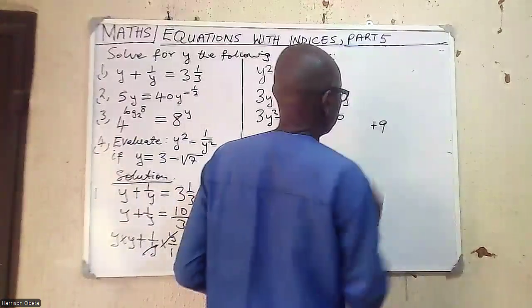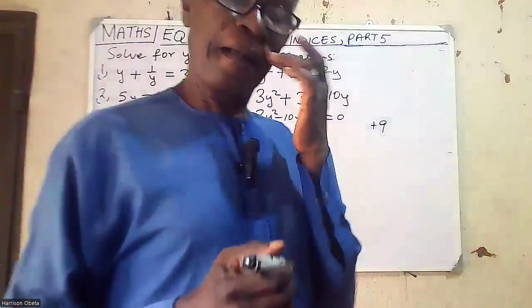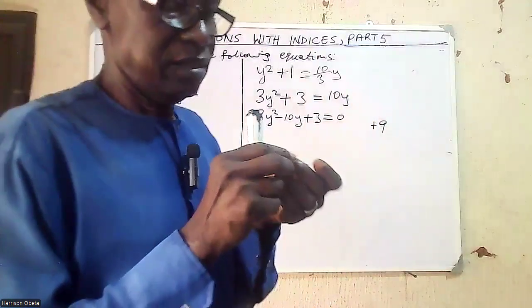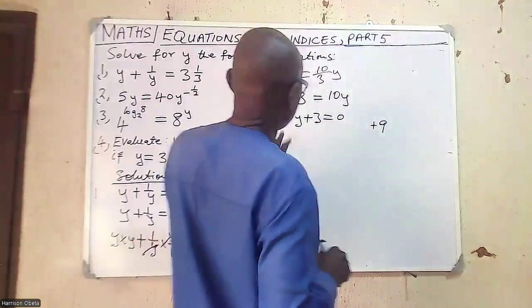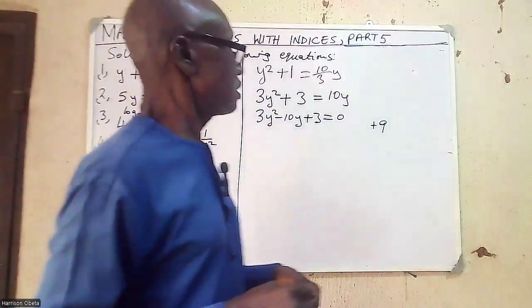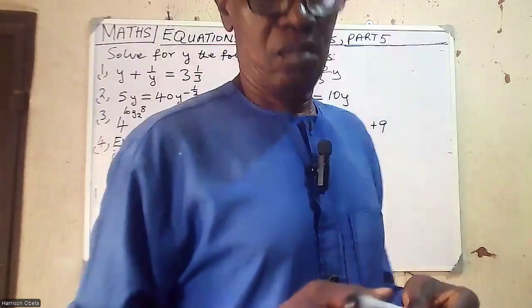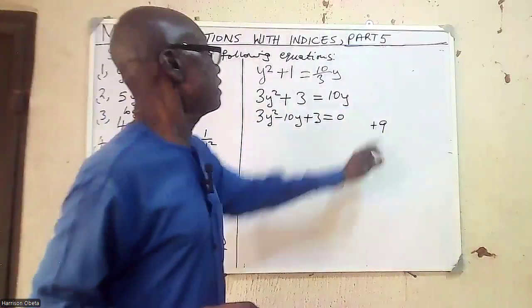That's positive. What are the factors of plus 9 that will give me minus 10 when I add or subtract, and when I multiply, I must get plus 9?